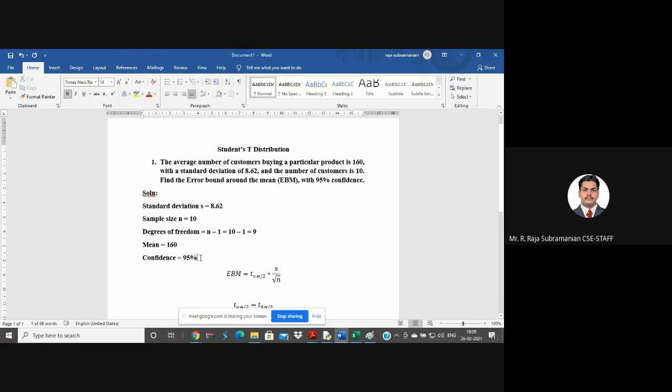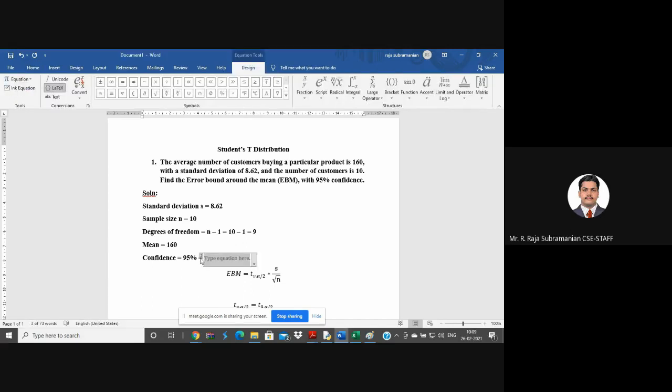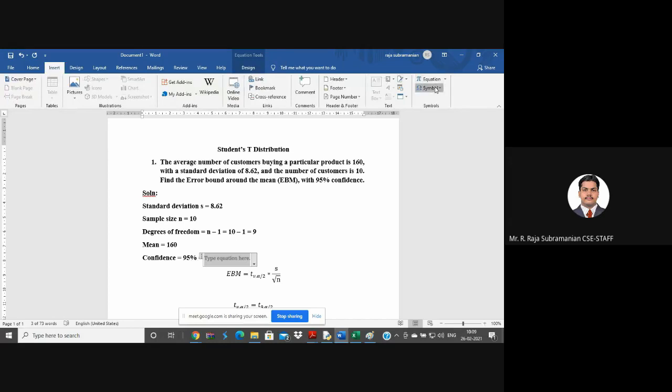So here I can write it clearly. If it is 95 percentage confidence, I need to take 1 minus 0.95, that is going to be 0.05.